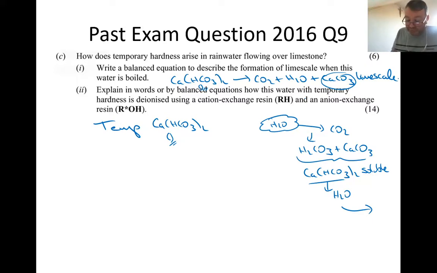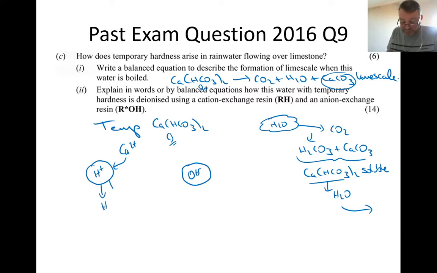Well, first of all, you have one bead of resin over here with H pluses. You've got another bead of resin over here with OH minuses. Now, the Ca2 plus from this water attaches to the bead and sends out 2 H pluses. The HCO3 minus will attach to that and send out 1 OH minus.